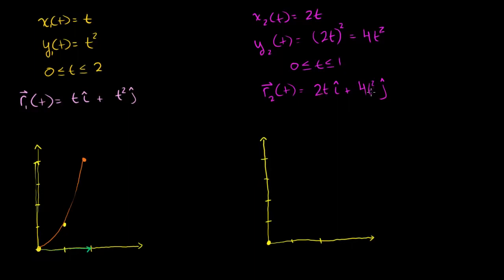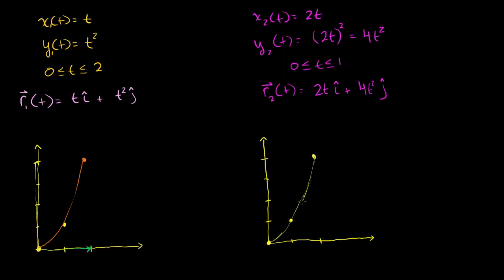And then 1/2 squared is 1/4 times 4 is 1. So when t is equal to 1/2, we're going to be at the point 1, 1. And when t is equal to 1, we're going to be at the point 2, 4. Right? 2, 4. So notice the path we go is exactly the same.